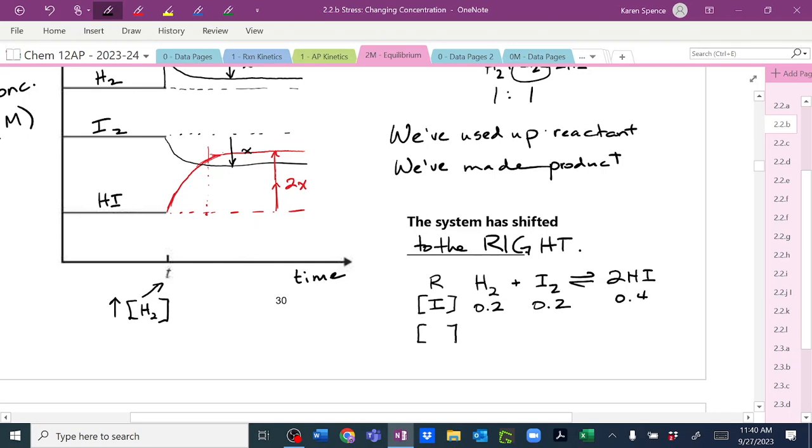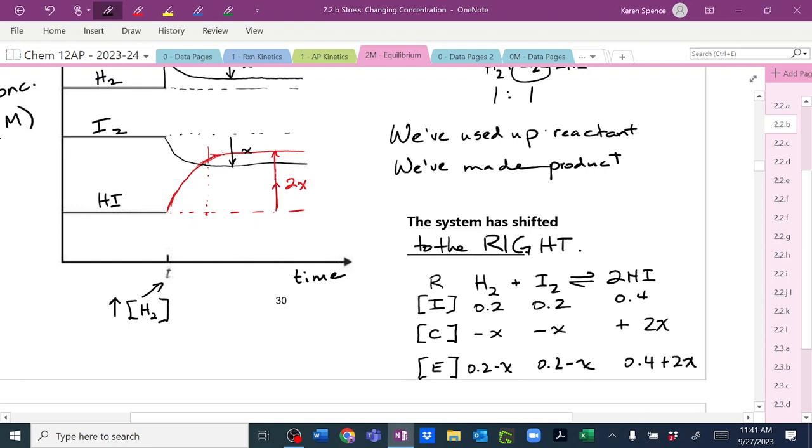Now you are going to have a change in concentration. In this case we had minus X, minus X, and plus 2X. And you will finally end up with an equilibrium concentration. In this case, this would be 0.2 minus X, this would be 0.2 minus X, and this would be 0.4 plus 2X.